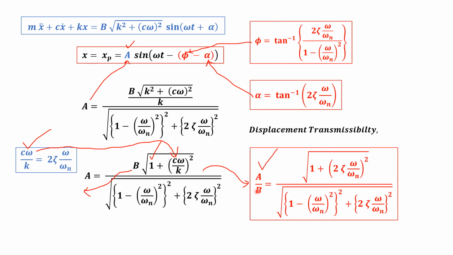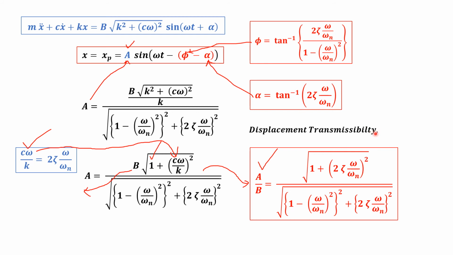So for the complete solution x, we can find A from this relation, the ratio of A, amplitude of mass, to B, amplitude of base movement, which is given by this. All terms are known. This ratio is also known as displacement transmissibility.